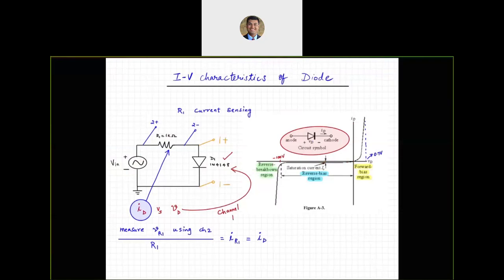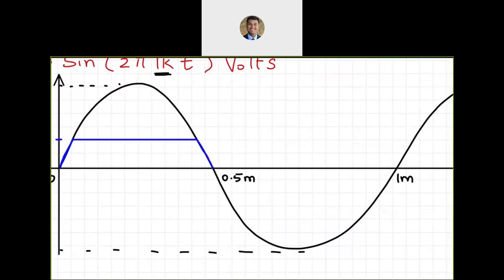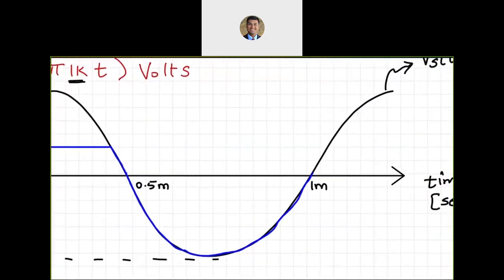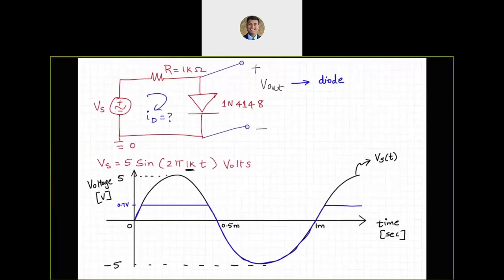So the blue line will keep following the source as it goes negative, and then back up over here it will follow that, and then at 0.7 it will flatten out. So in blue, what we have is the voltage across the diode. In this case, we are saying that's V out.